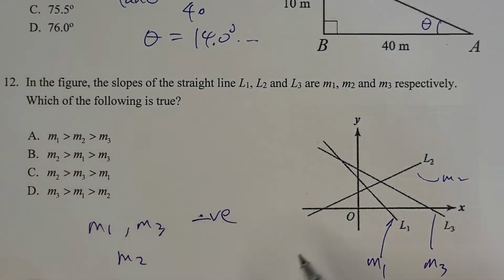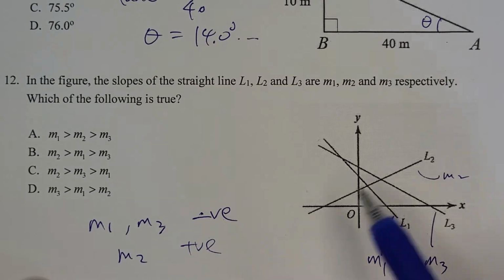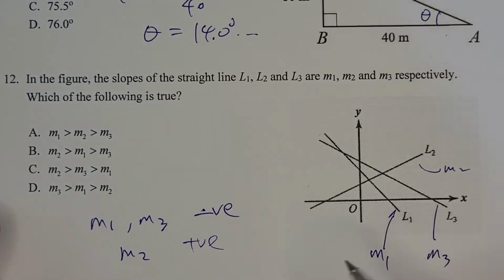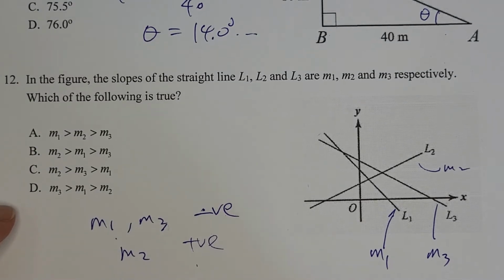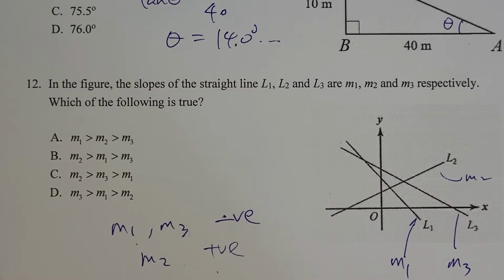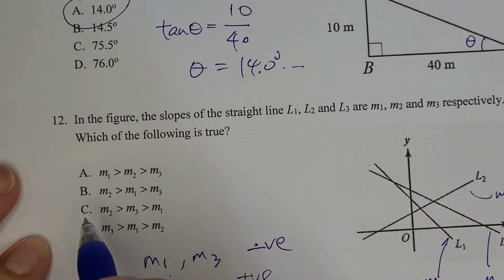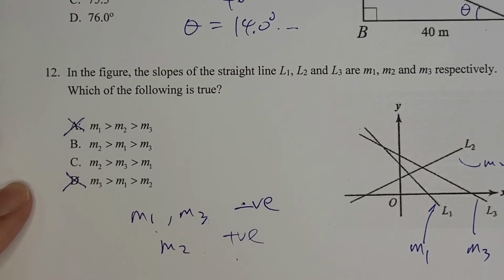M2 is positive because the straight line L2 is rising up from left to right. So M2 should be greater than M1 and M3, and M2 is the greatest among these three numbers. So A and D are not the answer.